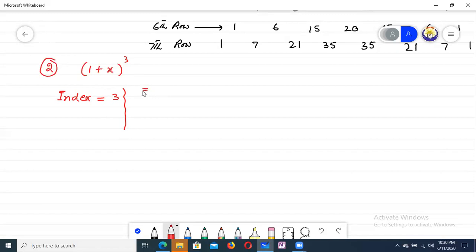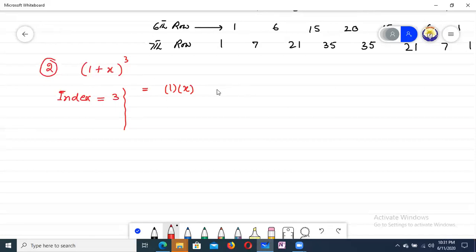In the expansion of this one, we will write the first and the second term in the product. And how many times? If the index is 3, we will write 4 times. The number of terms in the binomial expansion is always one more than the index. If the index is 3, then the number of terms will be 4. If the index is 4, the number of terms will be 5, like this.